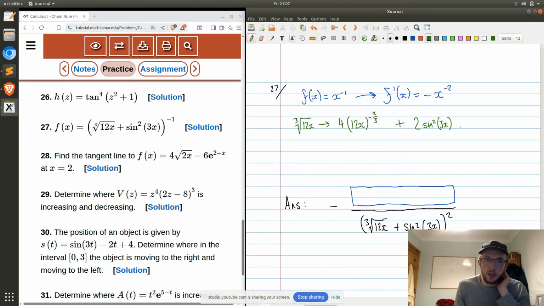Leave the inside one alone, and now differentiate the inside. Okay, so derivative of sine is cosine, and that would be 3 cosine of 3x. So that 2 would turn into a 6.